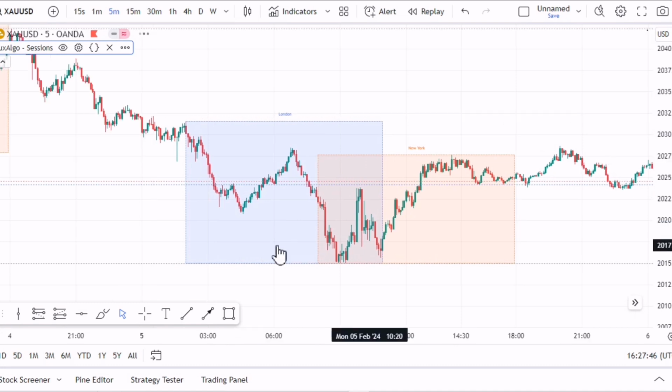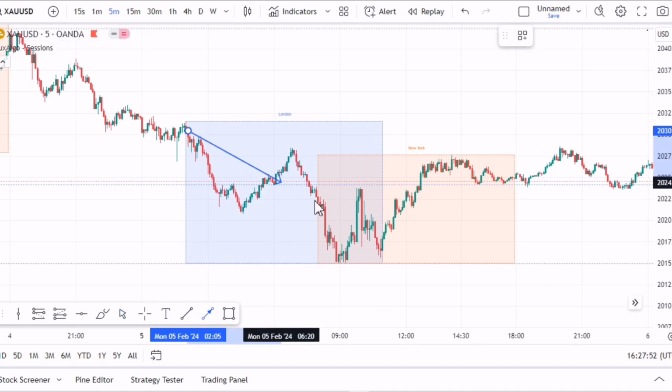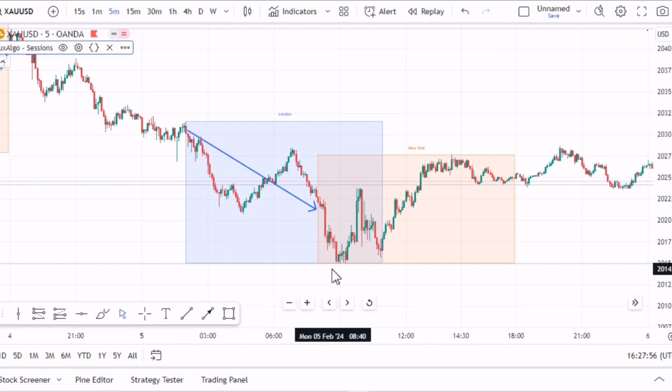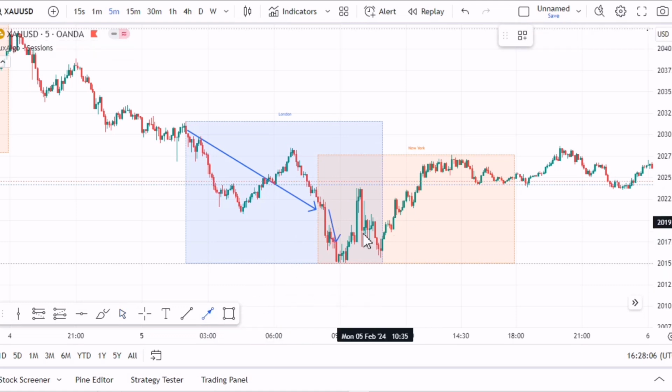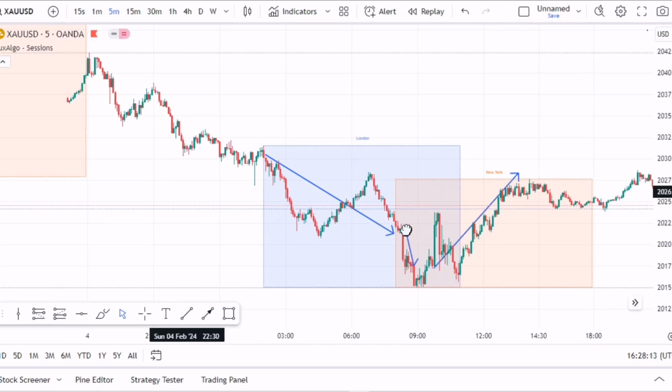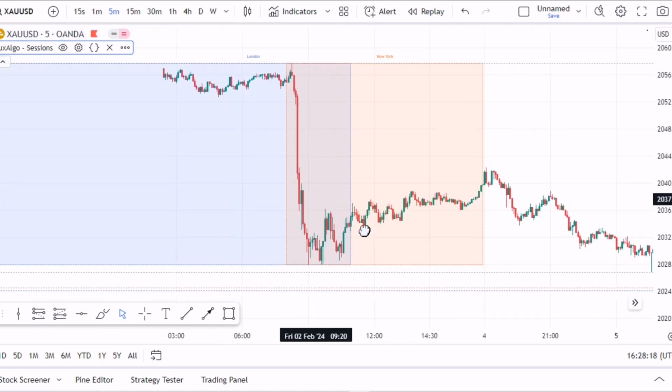Look at the London session alone. For the most part, price was selling. So when the New York session opened, yes, there was that small continuation, but at the end of the day, the movement was in the opposite of that. Let's check a few more.